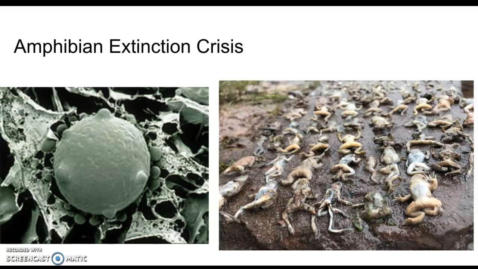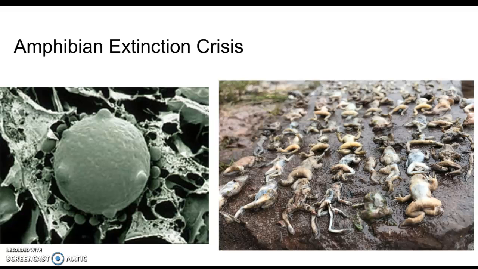Okay, one important thing that you should know about amphibians is that they are species indicators for the environment. Species indicators are organisms, if you remember, like moths, that give scientists a good sense of how the environmental conditions are in that location.